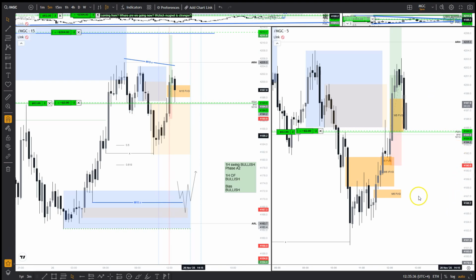Look at this. I cannot believe it. This is ridiculous. We were saved with our stop loss by a tick.